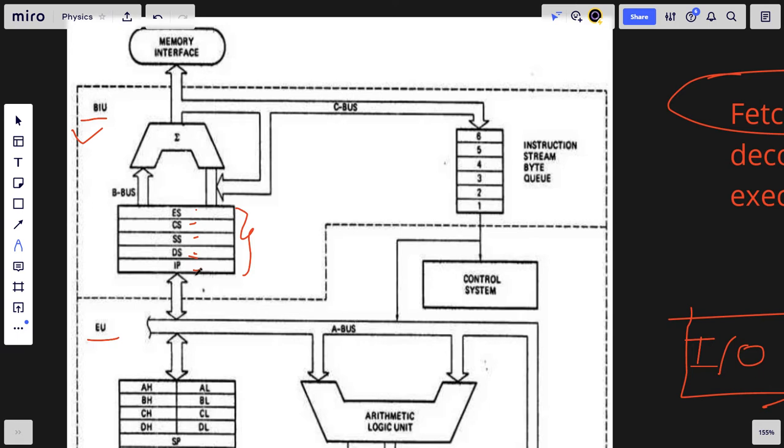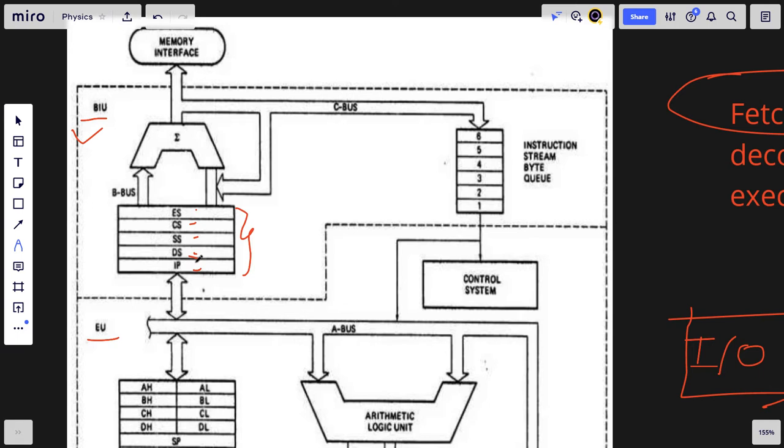Every instruction, what the computer needs to do, is written in the memory, the main memory, RAM. So, this BIU is responsible for fetching the instruction from the memory, and these five registers are also responsible in the fetching process.